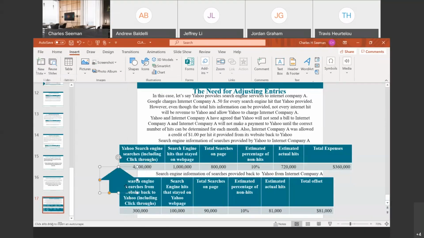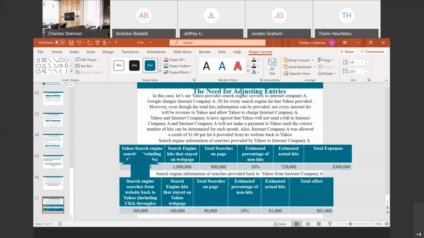So not only do you have to click on the Walmart webpage, this is everybody who's gone from Yahoo or Google and typed in the word Walmart in the search engine. This million is the number of people who actually stayed on the website. So 4 million people used the search term Walmart for whatever reason, but only 1 million people stayed on the website.